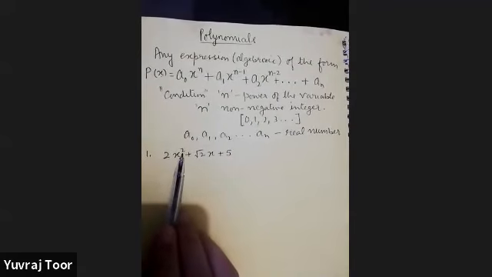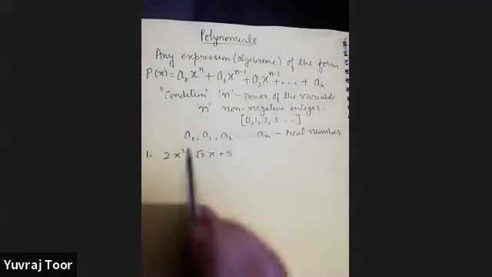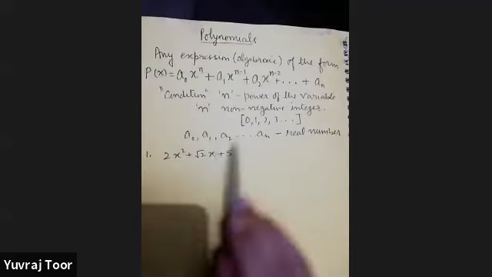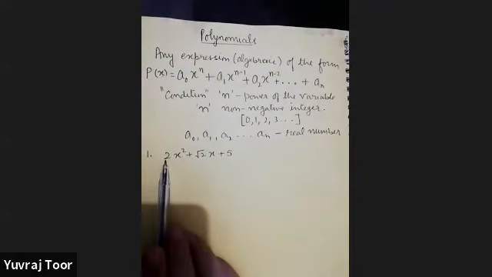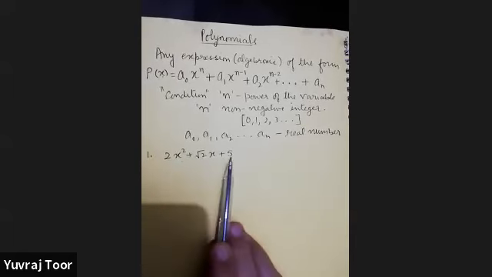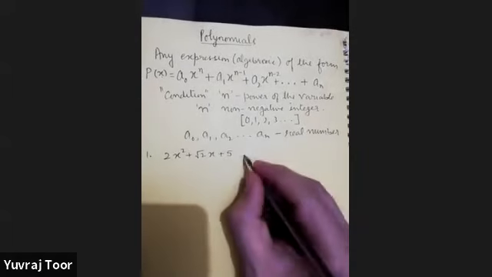First term, power comes under this definition? Yes. What about the second term? Yes. Now next thing is, they should be real numbers. This coefficient is a real number. This coefficient is a real number. This coefficient, this is a constant term. This is also a real. Yes, it is a polynomial.